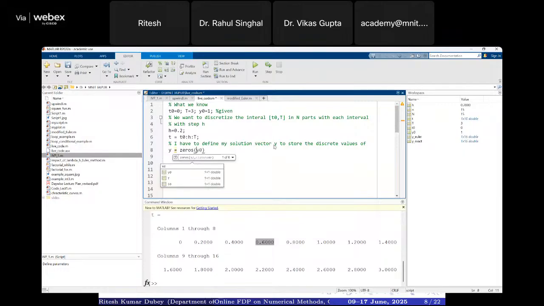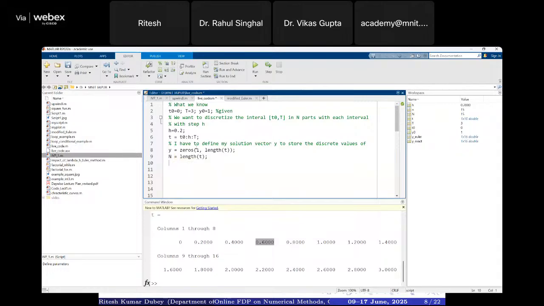Then I can decide what the size of y should be. The size of y should be the same as the length of t, and I can define a variable n which stores the length of t for later.